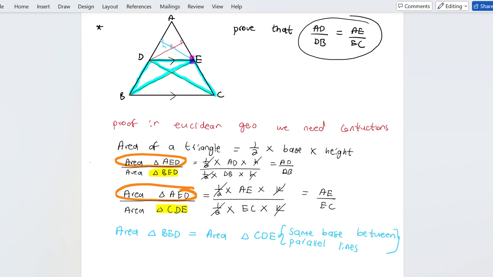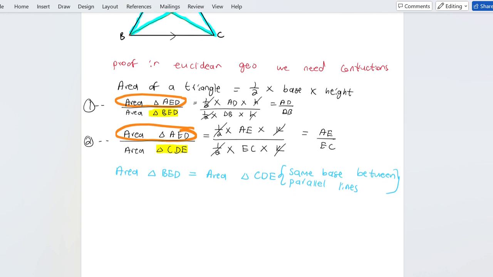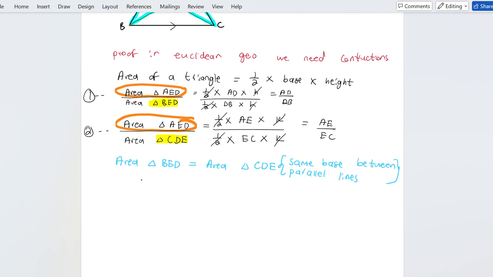Now, if this was to be the first fraction and this to be the second fraction, then the fractions will be equal. Now, after stating that the area of BED is equal to the area of CDE, therefore, I've got something equal, let's say x over y divided by x over y.